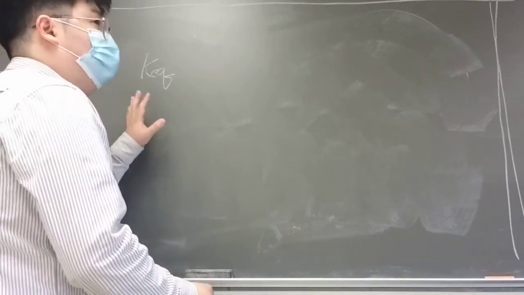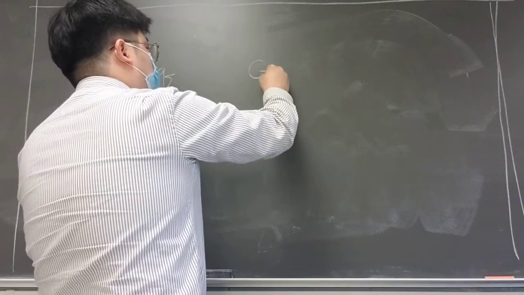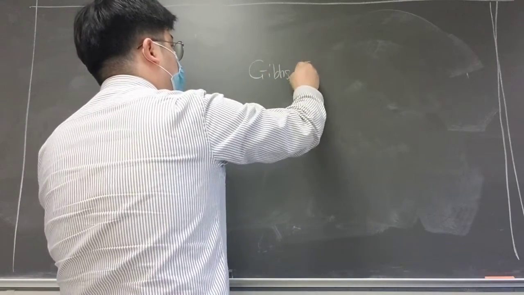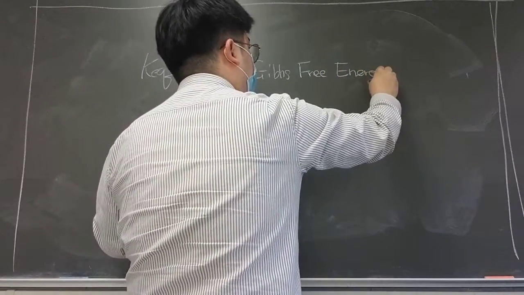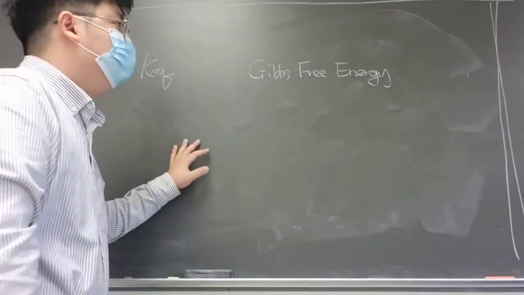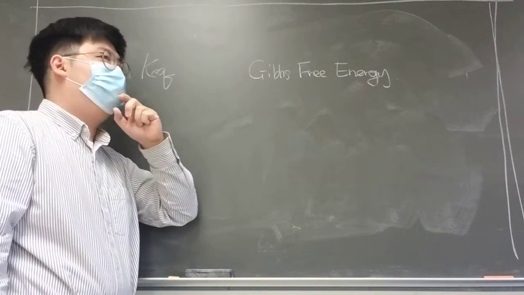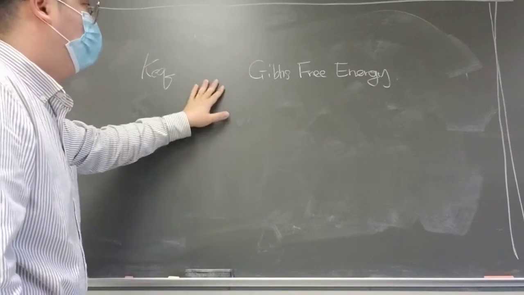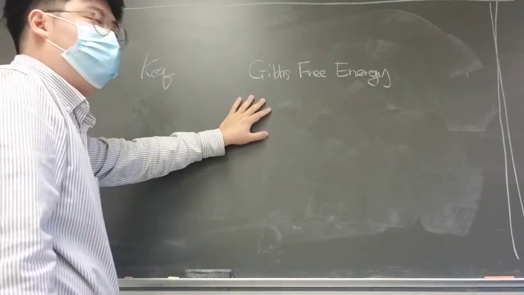This is determined by Gibbs free energy. I'm not going to talk about what this is. All you need to know is how you can use this one. The reason I'm not going to talk about what this is, is because it takes me 2 hours to explain.